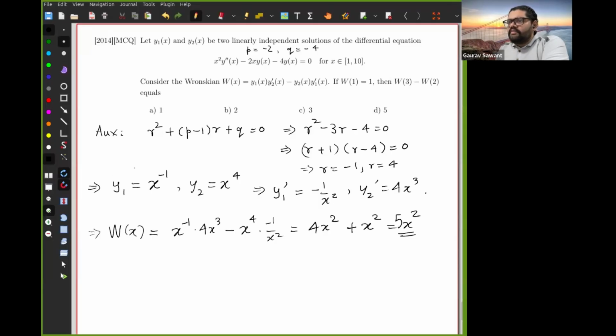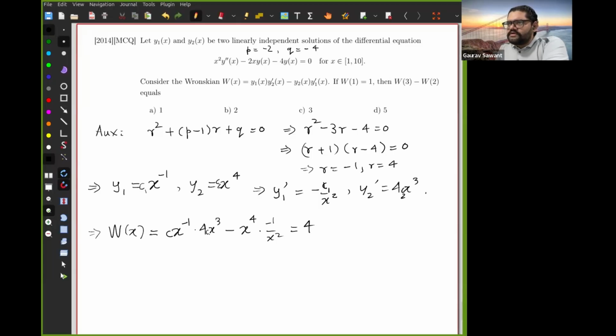I have not really put any constants there, right? So let us put constants C1, C2, there will be corresponding C1, C2 peppered throughout. So my effective answer is going to be 4. So let's just put those. There is C1 over x square and then 4C2 x cube.